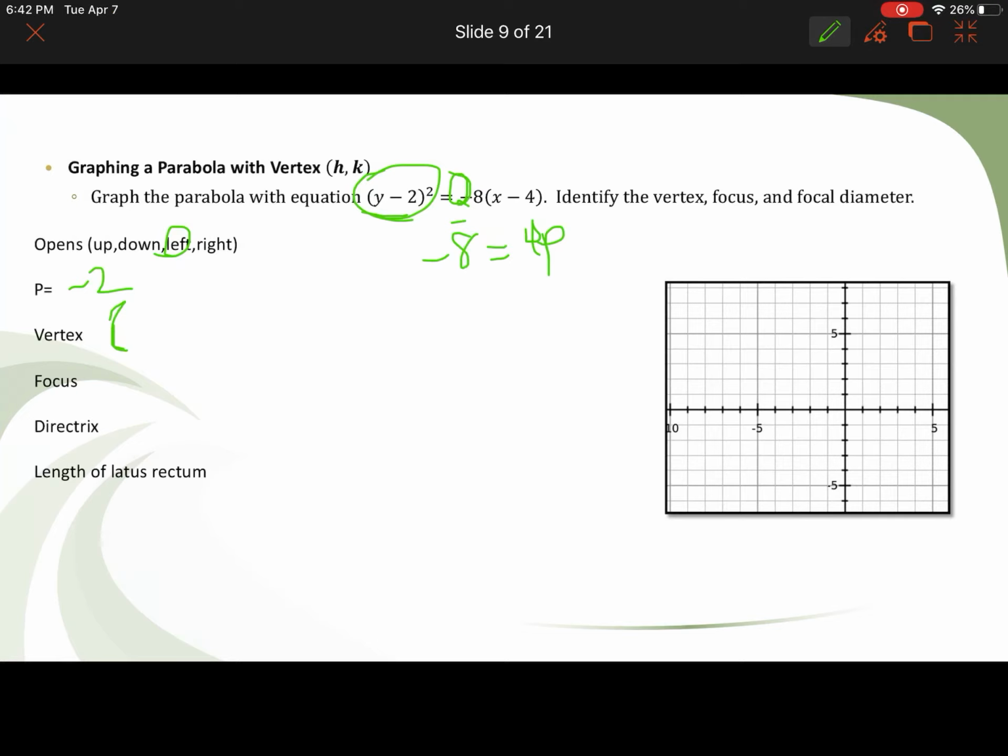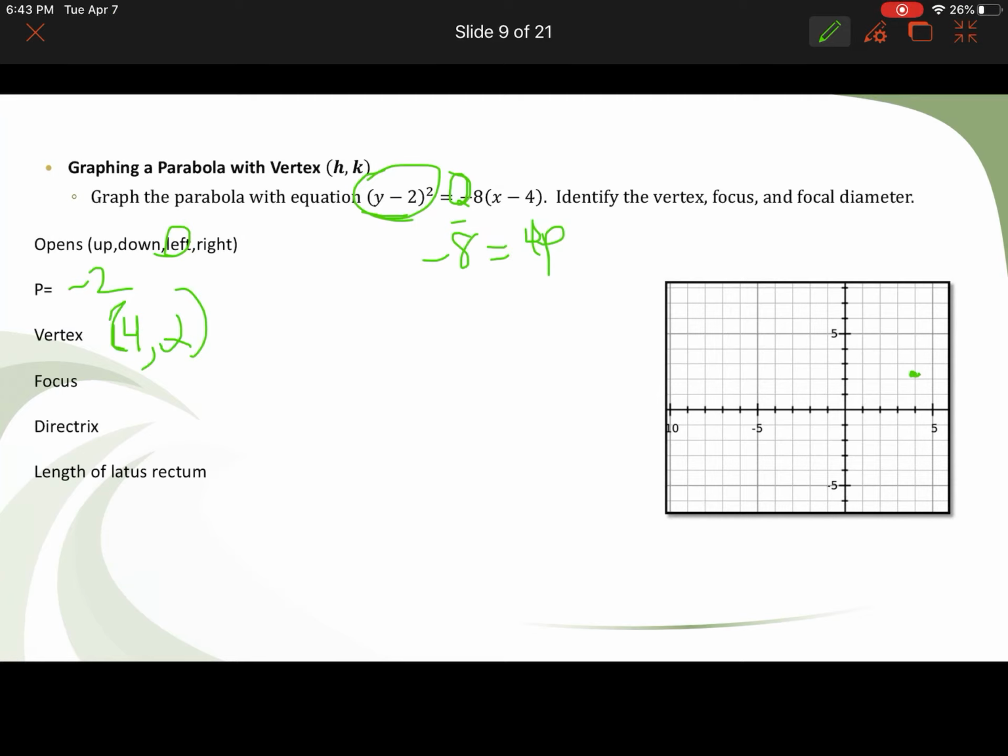So we have x minus 4, so the x value of the vertex is positive 4. And we have y minus 2, so the y value of the vertex is positive 2. All right, so if I'm graphing this, it's going to be over 4, up 2.